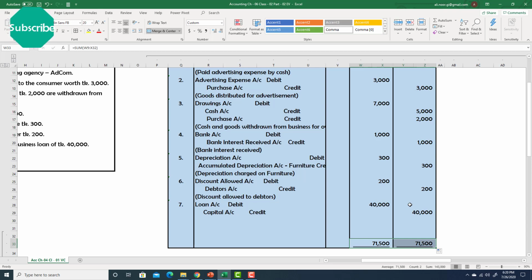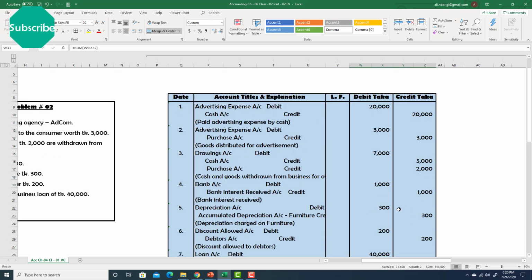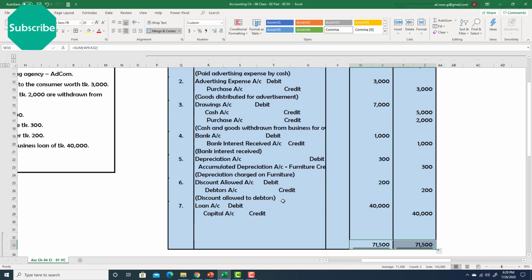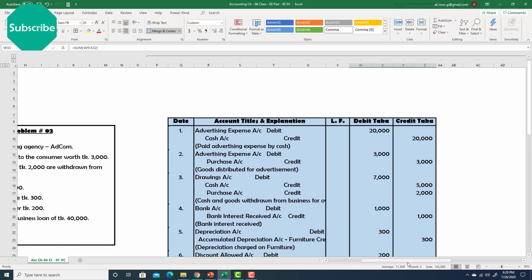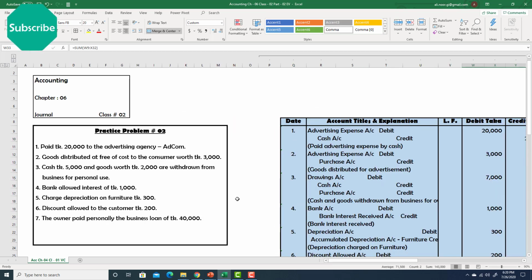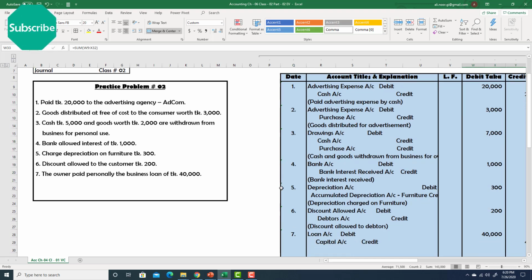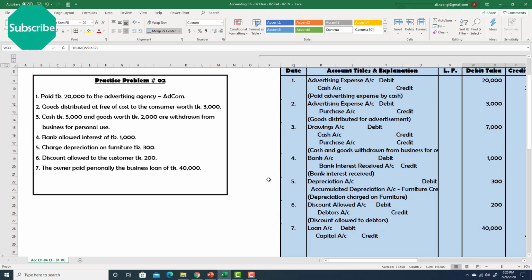So both are equal. So we are confirmed that there is no mistake in our recording of the journals. So this is the solution of this problem. I think you have all understood the procedure of how to record journal entries of these transactions.